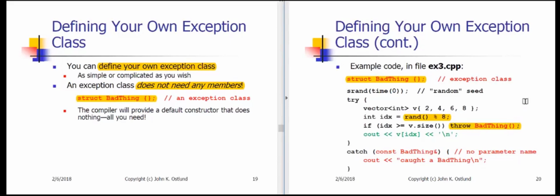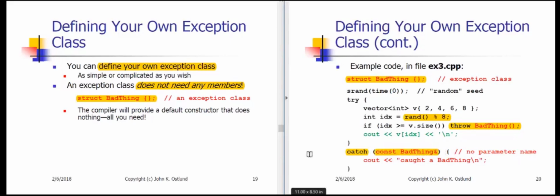Now, bad thing is a data type, but bad thing with 2 parentheses after it, that is how you invoke the default constructor to build a bad thing object. What's maybe a little weird about this is that this bad thing object doesn't actually occupy any space. But it is nevertheless a bad thing object, and consequently you can have a catch block set up looking for a bad thing.